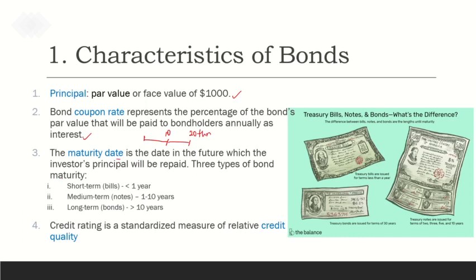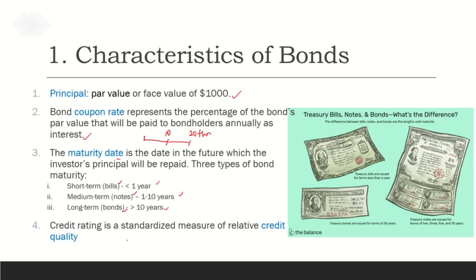There are three types of bond maturity: short term, called treasury bills, less than 1 year; medium term, called notes, 1 to 10 years; or long term, called bond, more than 10 years. So basically maturity date for bonds should be more than 10 years.